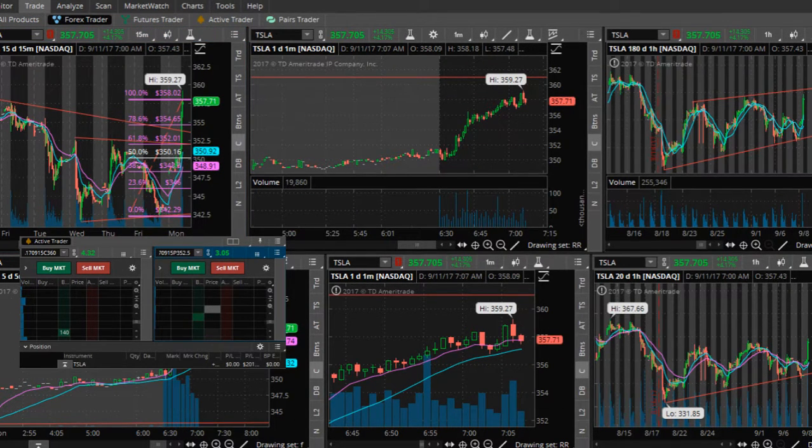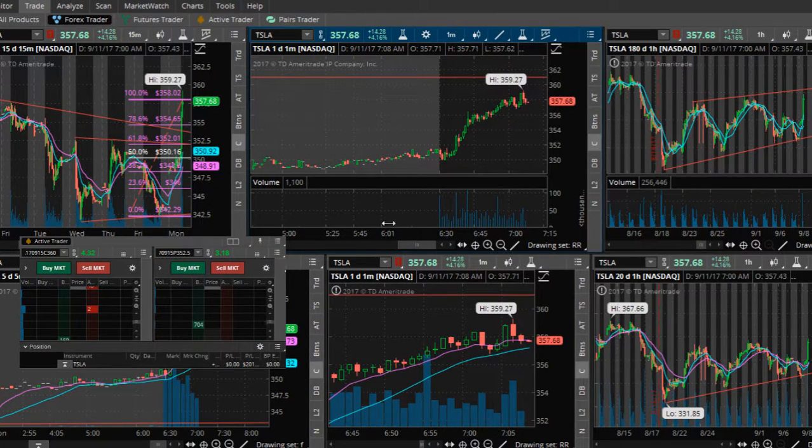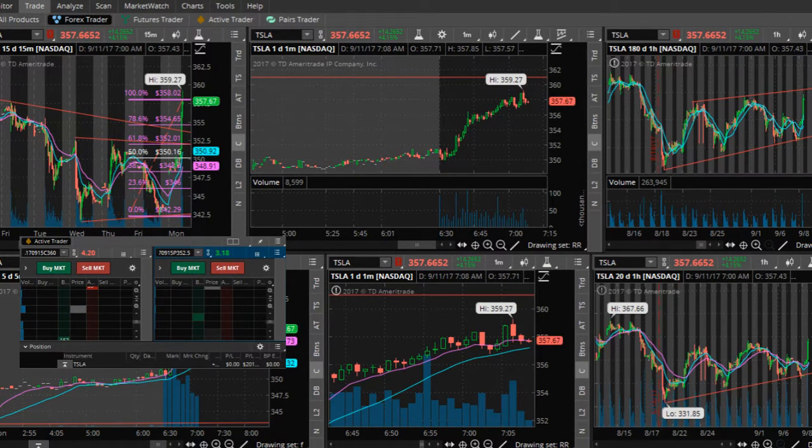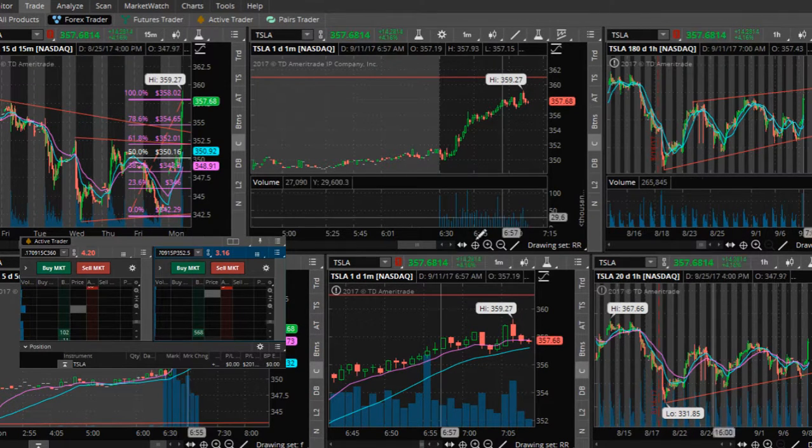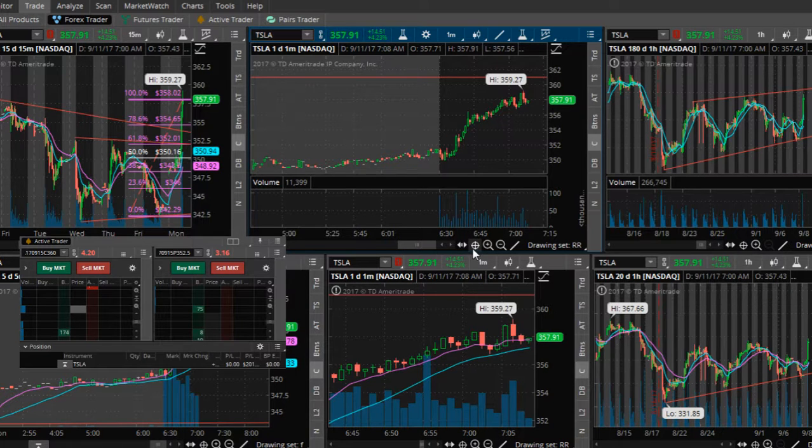Okay, and as you can see on the 1-minute interval chart right down here, I'm going to make it so my cursors don't appear on all the graphs because that might be confusing, you guys. I really forgot how I did this.